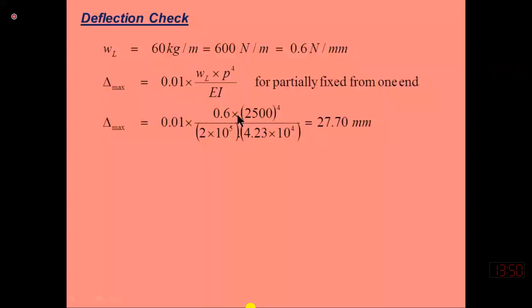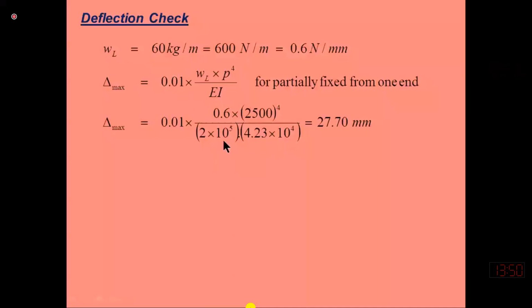So we have converted the omega L, or distributed live load, into Newton per millimeter as 0.6. Panel length 2500 millimeter to the power 4. E value for steel is 200,000 megapascal or 2 into 10 to the power 5.